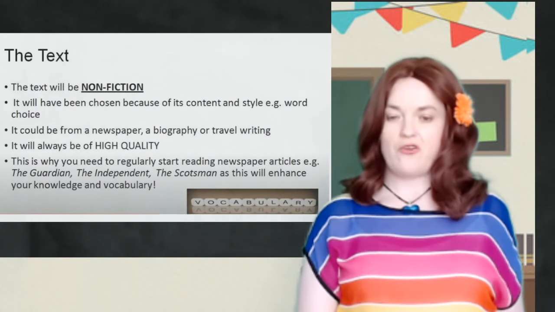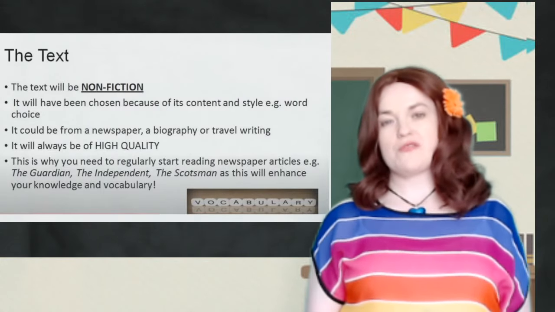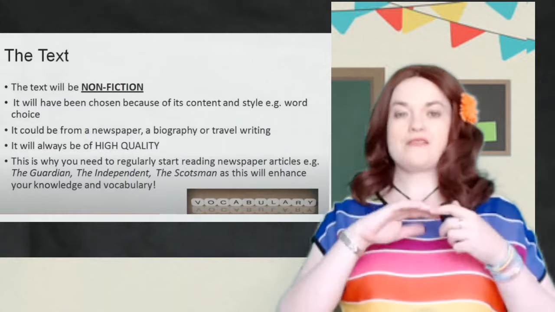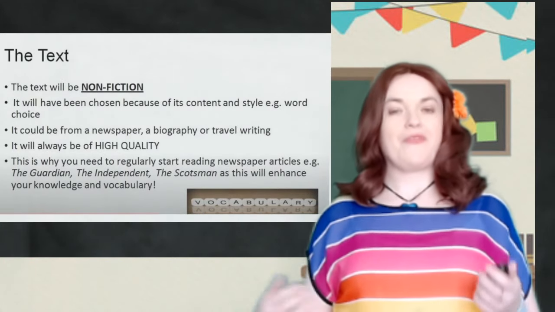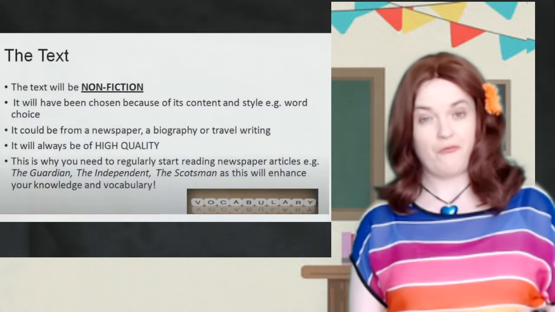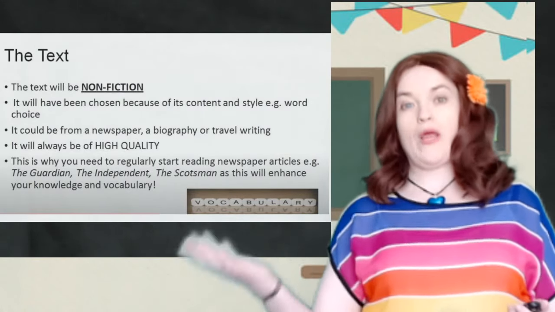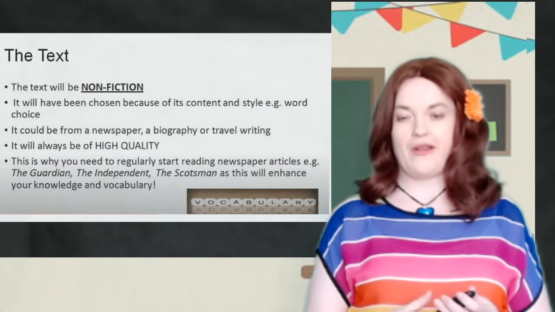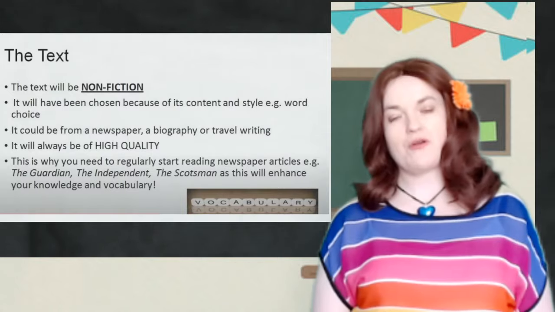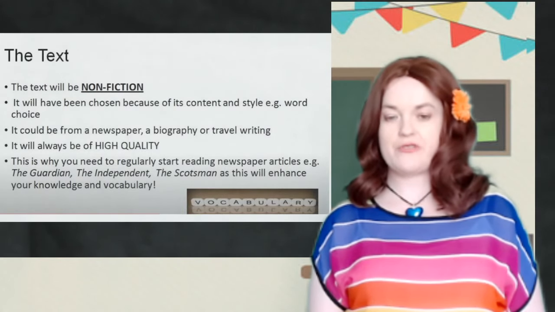Again, as I've said, it's a non-fiction text and it'll have been chosen, the SQA took a long time choosing the text. The topics can totally vary. They tried to make it more engaging, I would say, in the last few years. It's been much better than it used to be way back in the day when I started marking. So they try and use quite engaging topics that teenagers would appreciate.